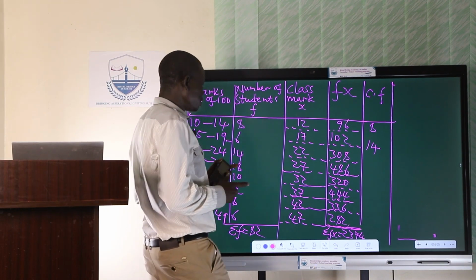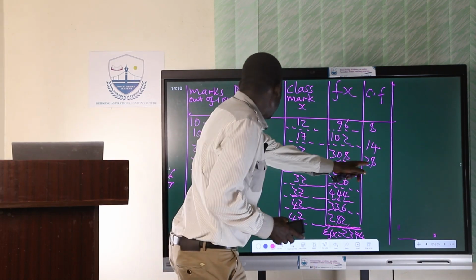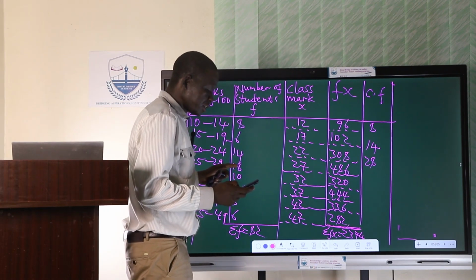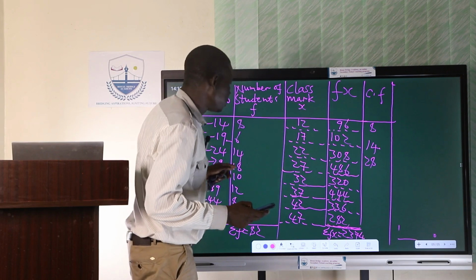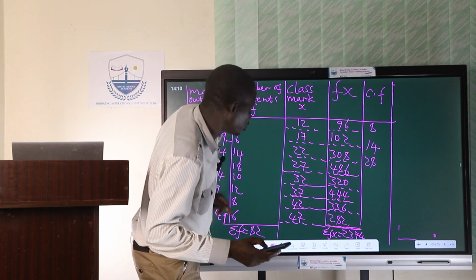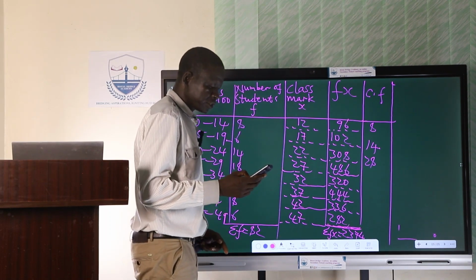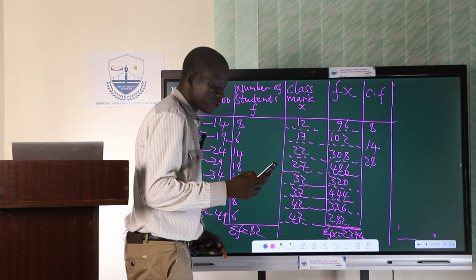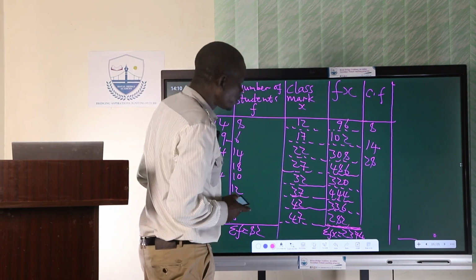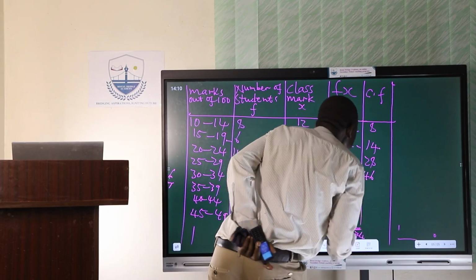And 14 plus 14, we get 28. 28 plus 18, we get 46.